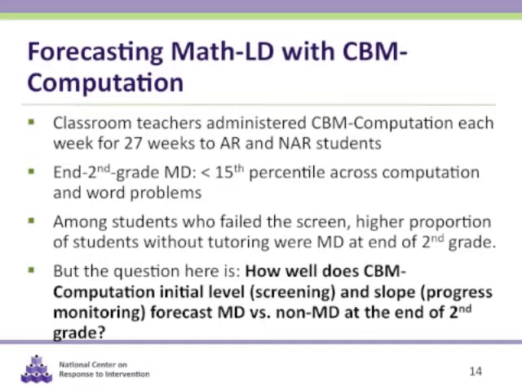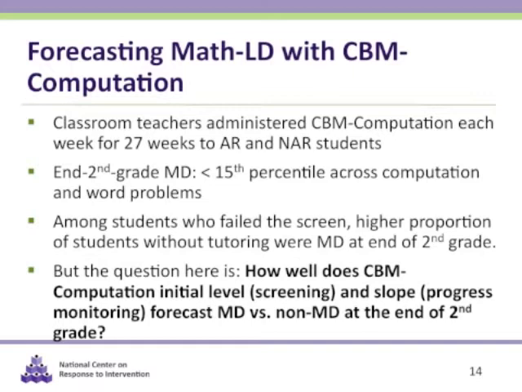Now, among students who had failed the first grade screen on CBM computation, a higher proportion of at-risk students without tutoring were, in fact, MD at the end of second grade, as we might expect if the tutoring program is effective.